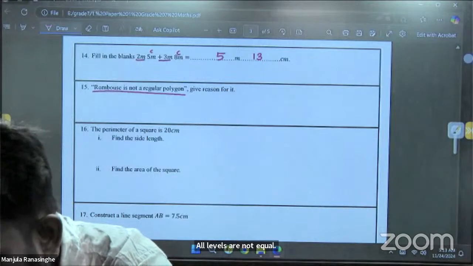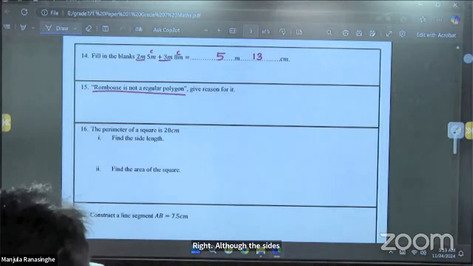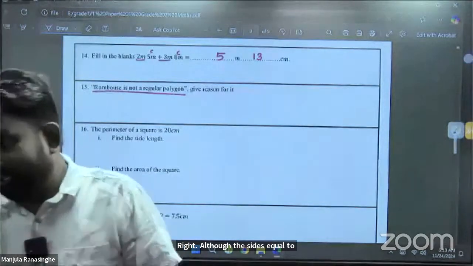Right. Although the sides are equal, Puta, here what happened? Here the angles are not equal.